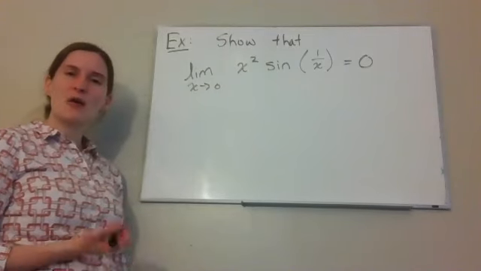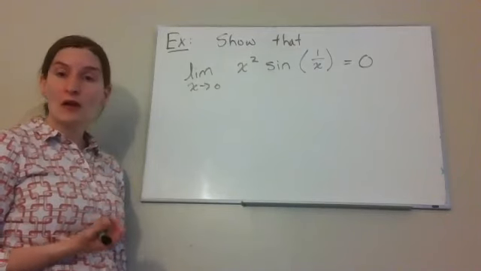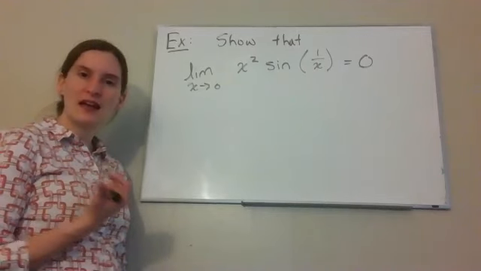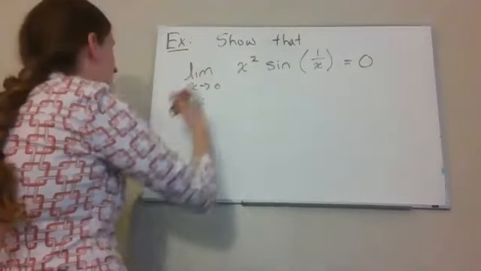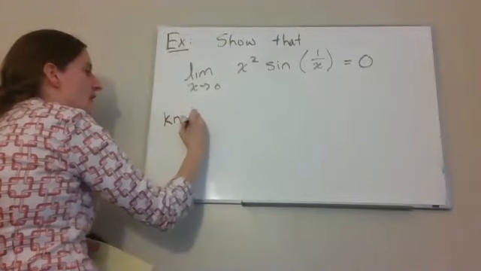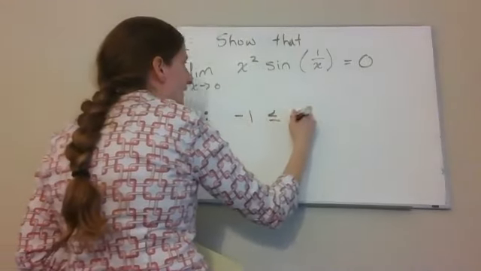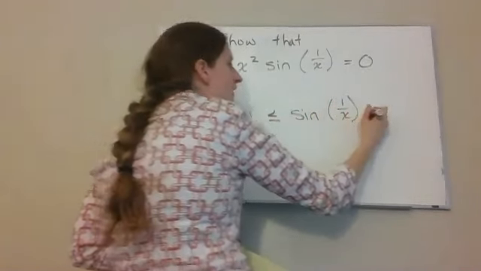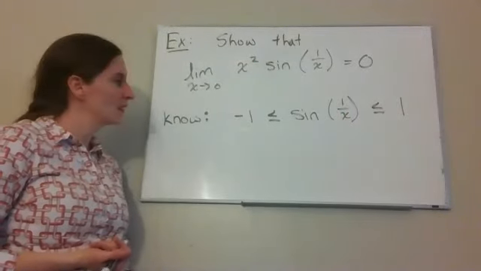What do we know about sine? No matter what is plugged into sine, you're going to get a result between -1 and +1. So -1 is less than or equal to sine of 1 over x, which is less than or equal to 1, because sine is always between -1 and 1.